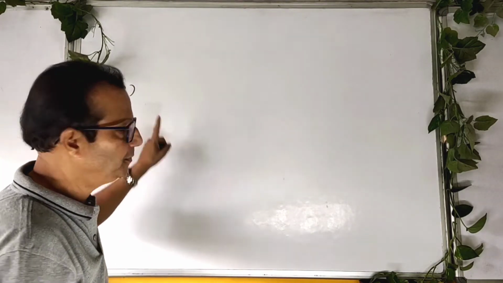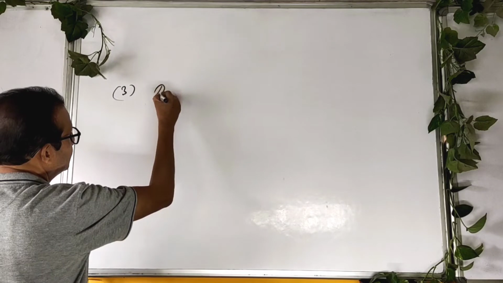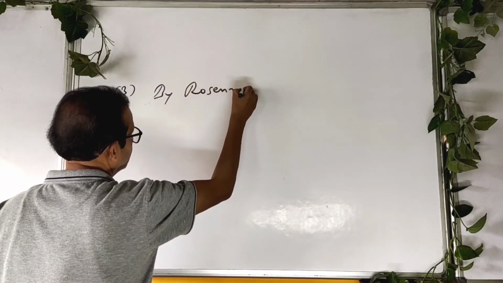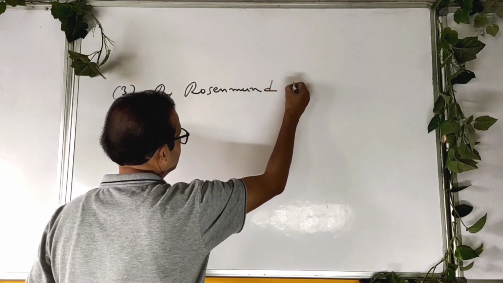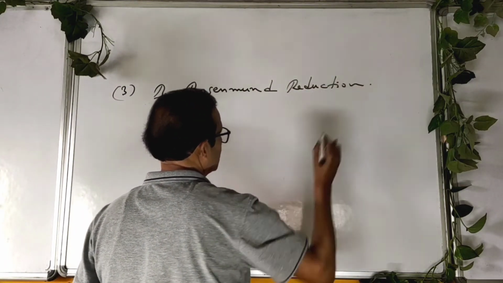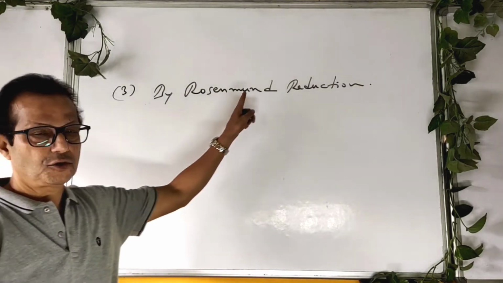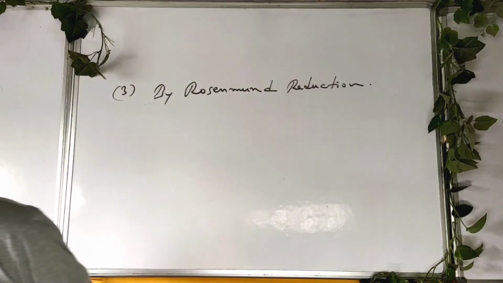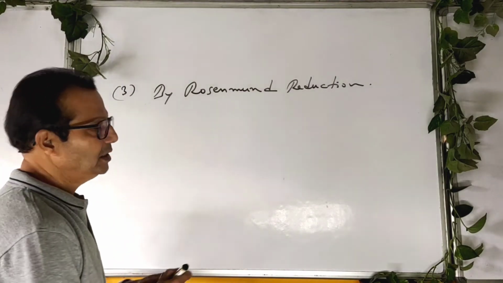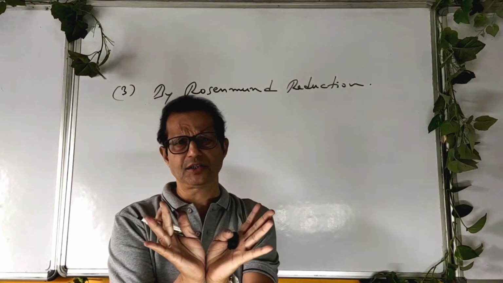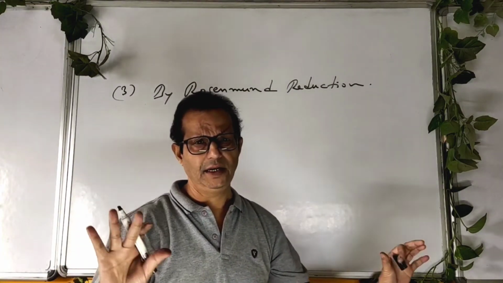Third preparation, by Rosenmund reduction. Listen, what is this? Follow the technique at first, okay? Then I will write the detail.